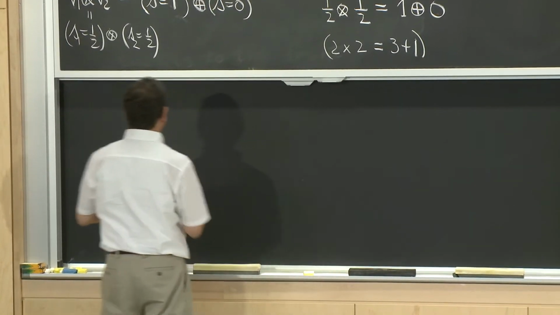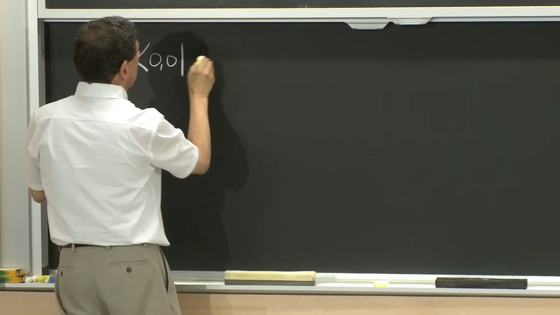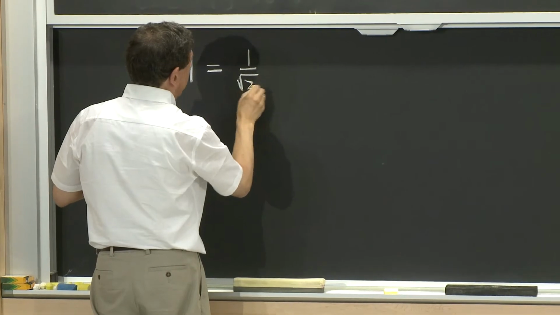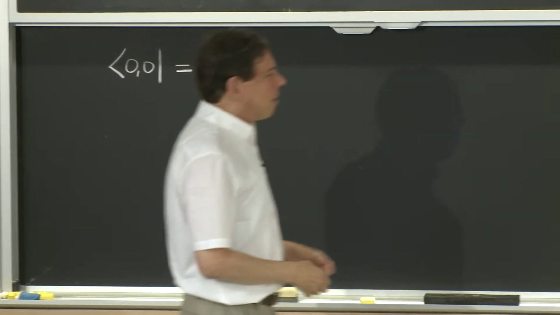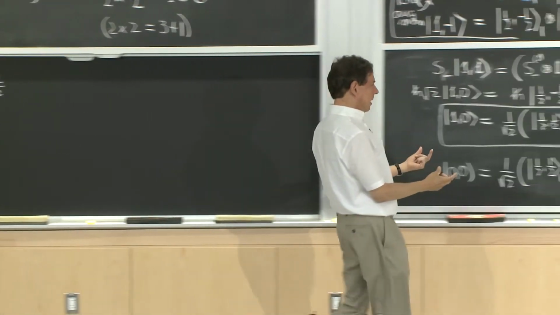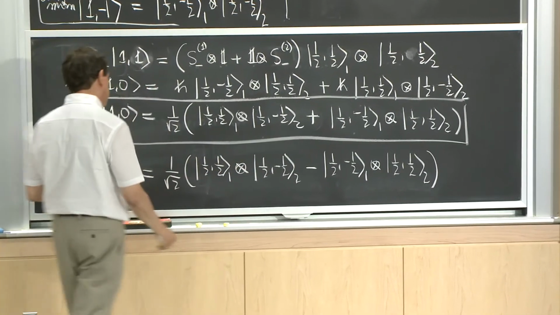So I will write the bra <0,0|. And it's 1 over square root of 2. Any number should be complex conjugated. And now I will simply turn these two kets into bras, but leave the tensor product.